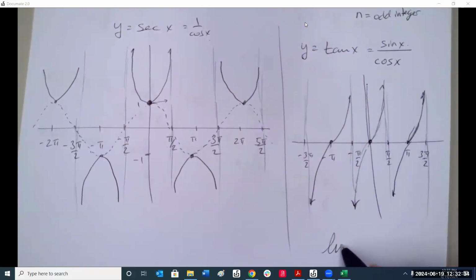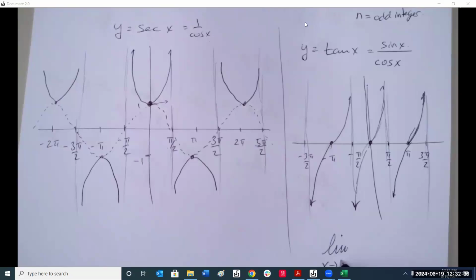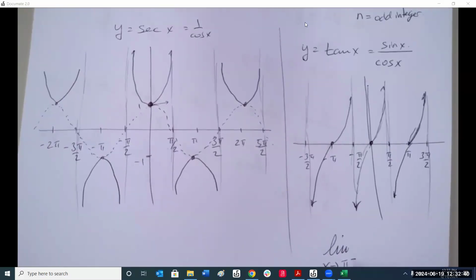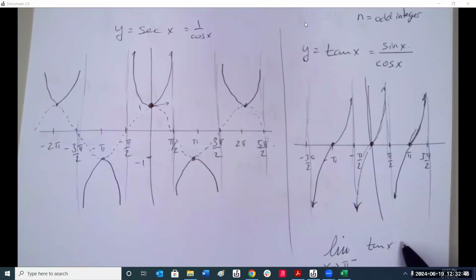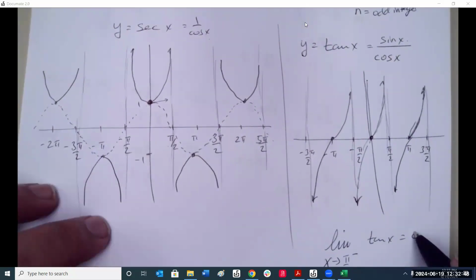So as x approaches pi over 2 from the left, tangent goes to positive infinity.